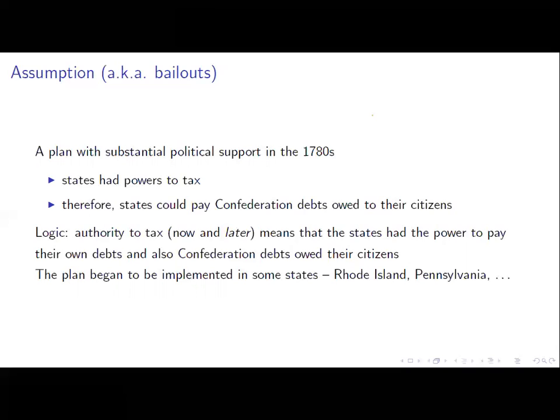They make sure their own citizens get paid, as opposed to throwing it into the common pot where those payments are going to go to everyone else. It means the states have the power to pay their own debts, and the Confederation debts of their own citizens. And you start to see this getting implemented. Rhode Island starts to implement it. Pennsylvania starts to implement it. And you start to see these debts getting assumed.